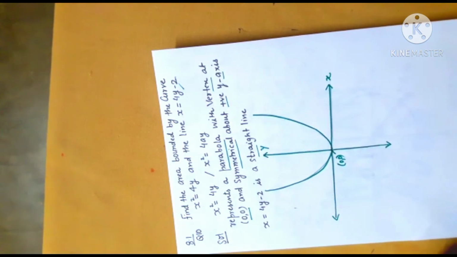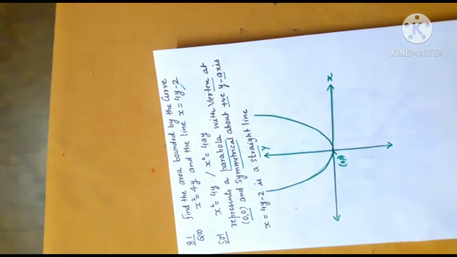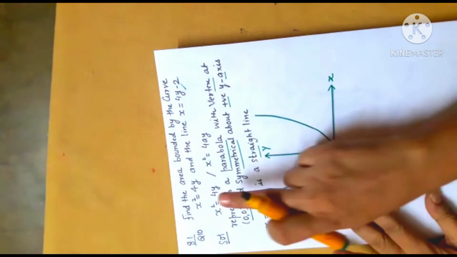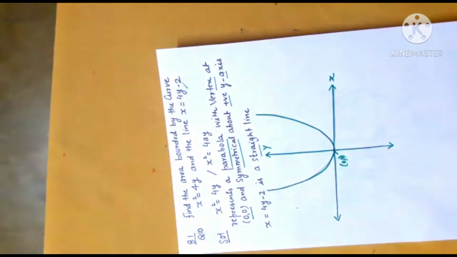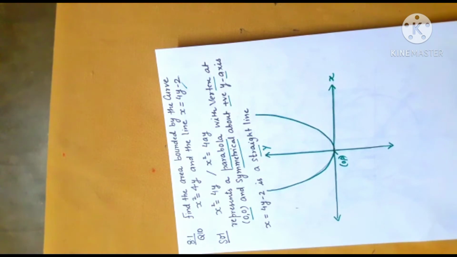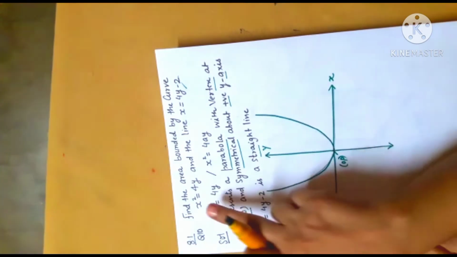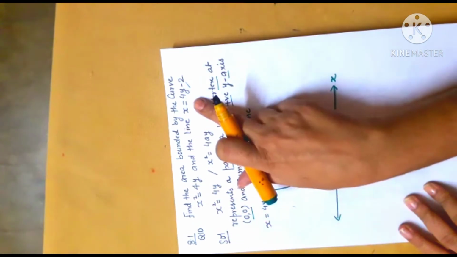Now we have to draw the graph of the line. So what we will do? In the question, a parabola and a line are involved. So first we will find out the point of intersection, and to find it, we will solve the equation of the parabola and the line.